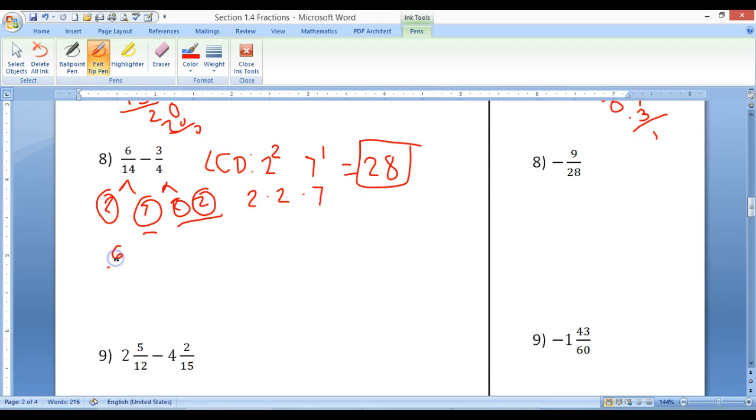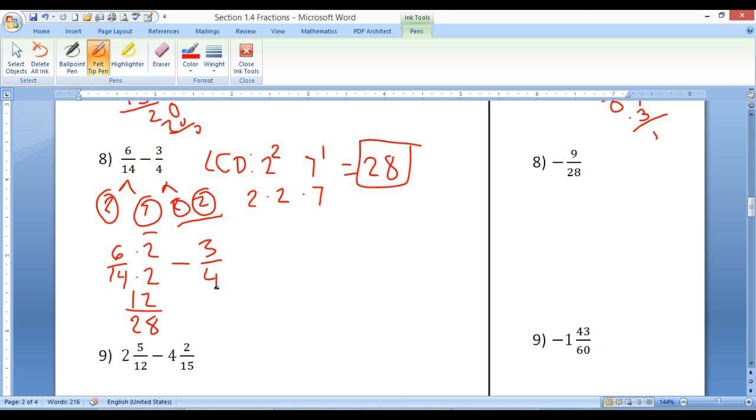So I have my 6/14. To make this 28, I just need to multiply by 2. And I must make sure that I multiply the top, or the numerator, by 2 as well. So I end up with 12 over 28. Now I have that one, and I still need to work with the 3/4.